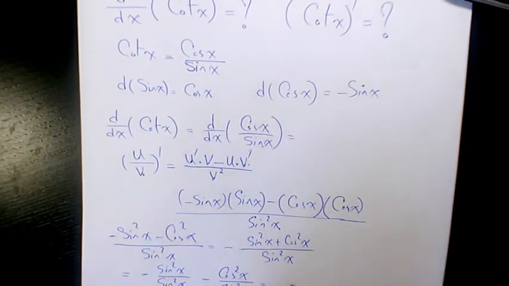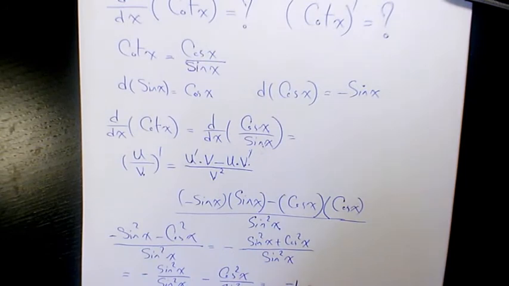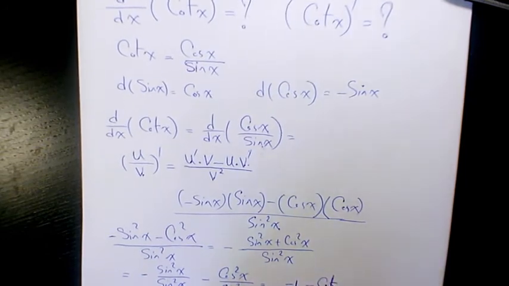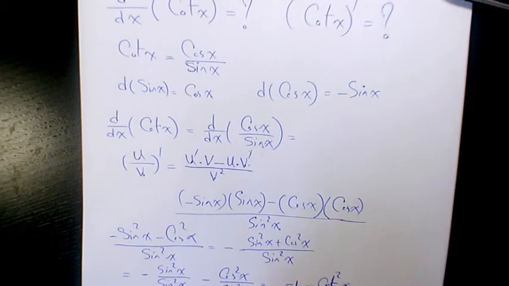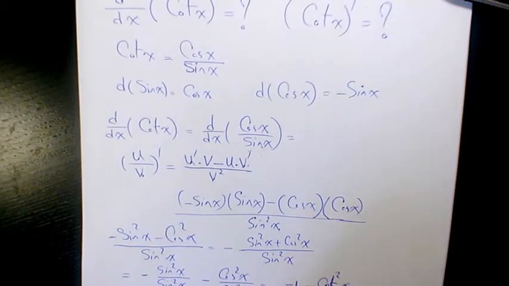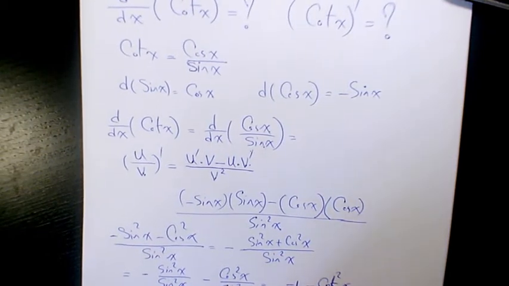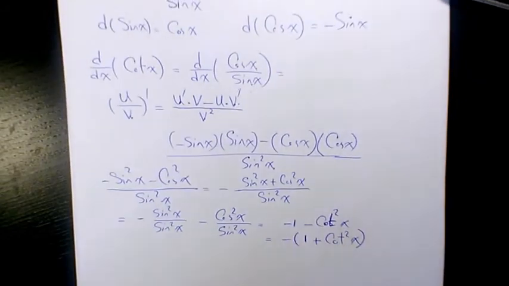So that's going to be negative 1 minus cotangent, because cosine over sine is cotangent, so it's going to be cotangent squared x. Or you can factor the negative and say negative 1 plus cotangent squared x. That's one answer.